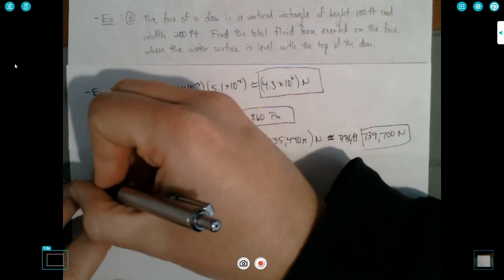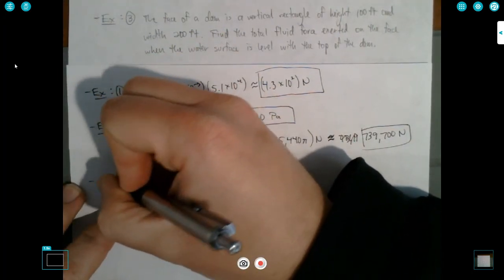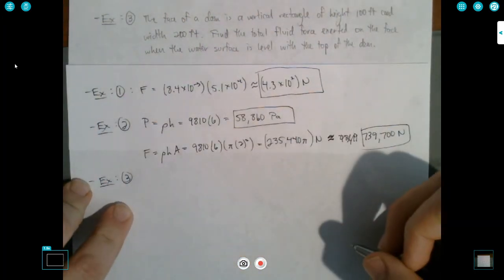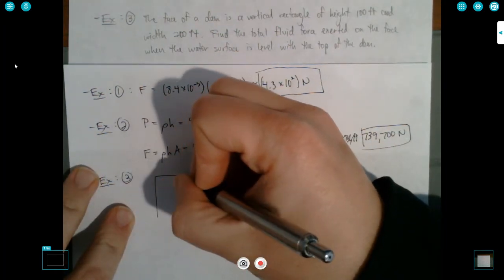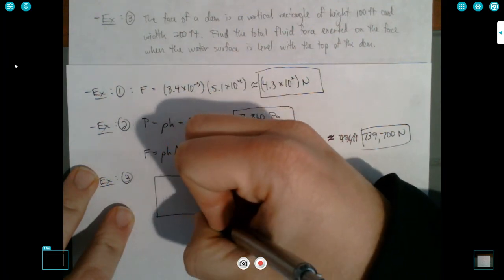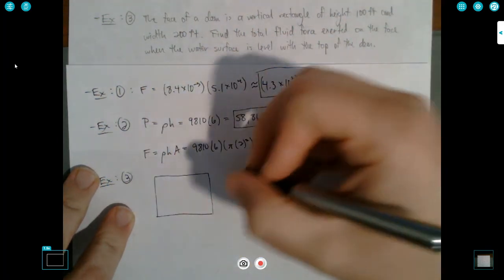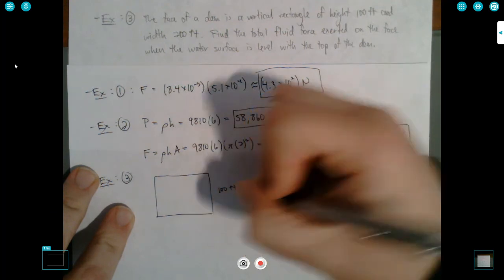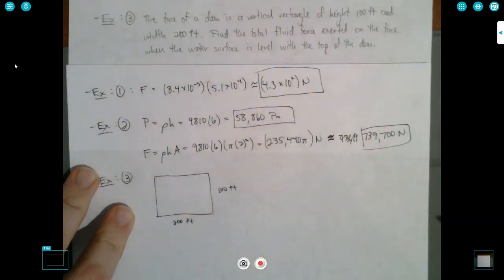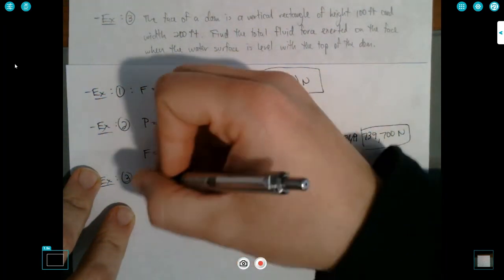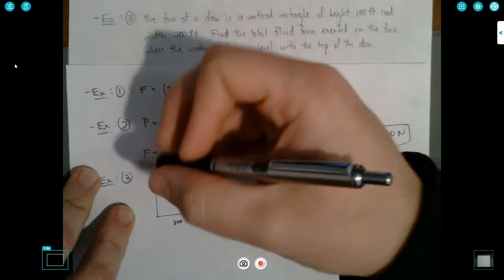So the face of the dam is a vertical rectangle with height 100 feet and width 200 feet. So the water is right level with the top of the dam.